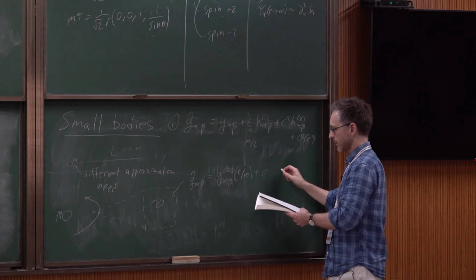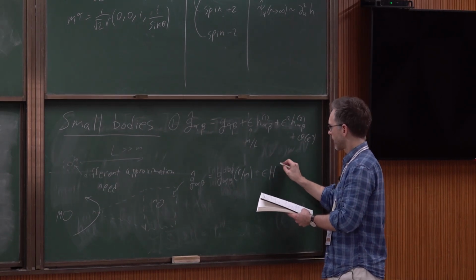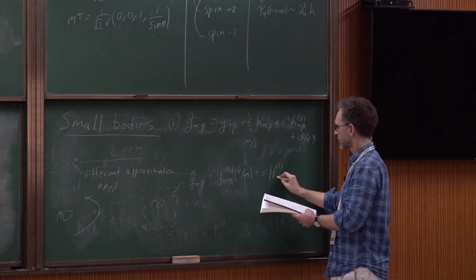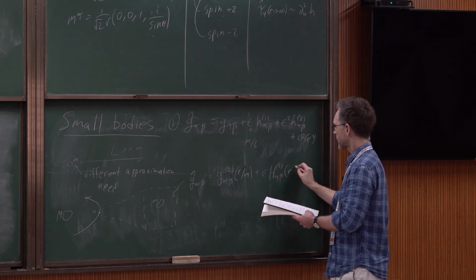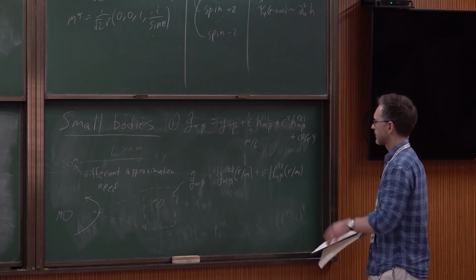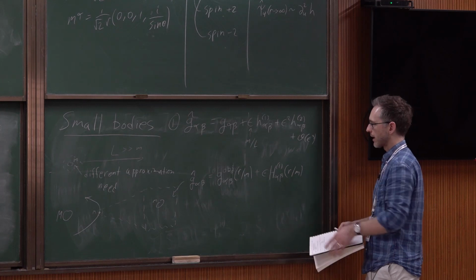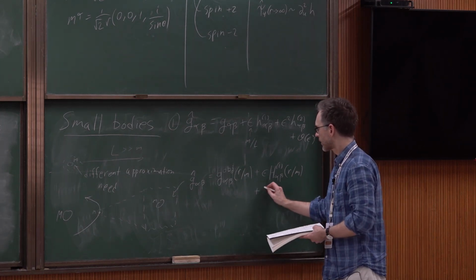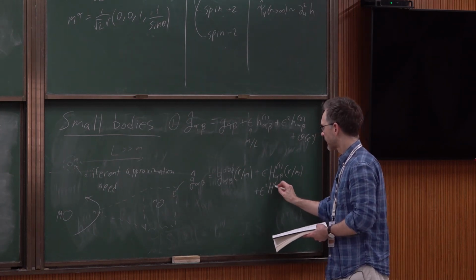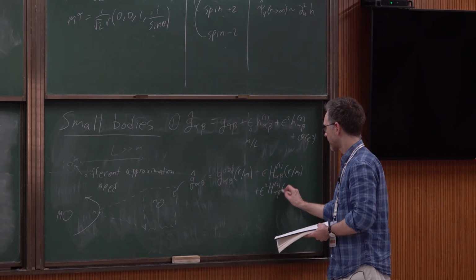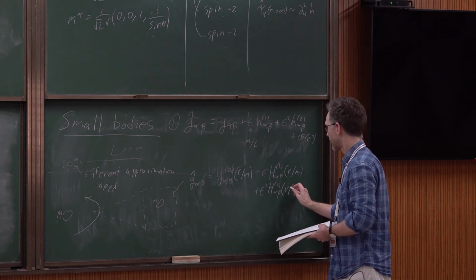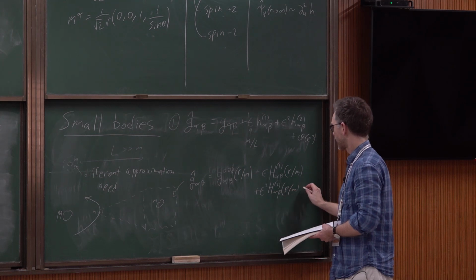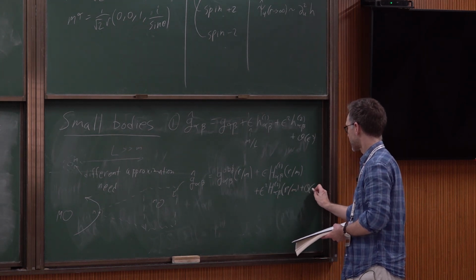So I'm going to expand for small epsilon again, but now all my coefficients are going to be functions of this scaled coordinate, r over little m, plus order epsilon cubed.